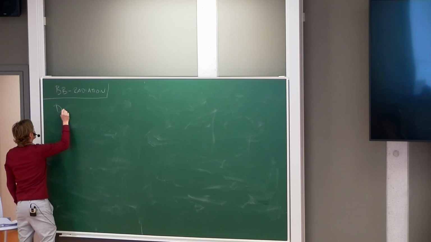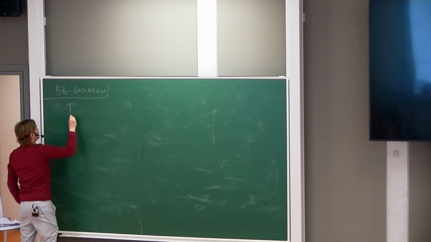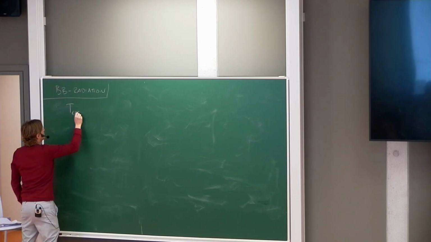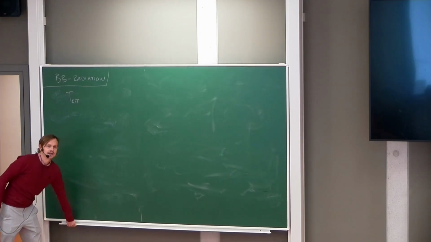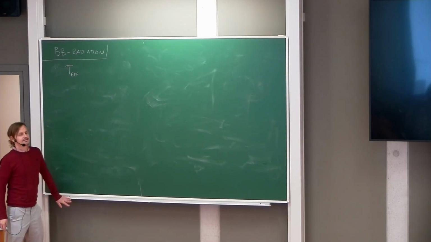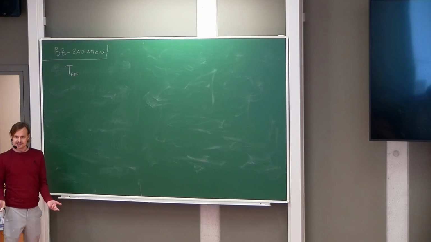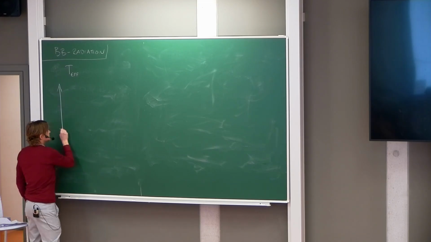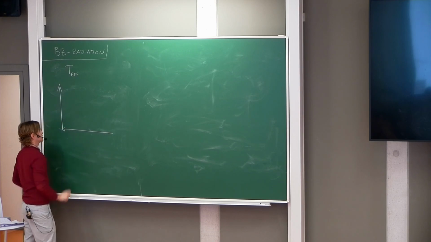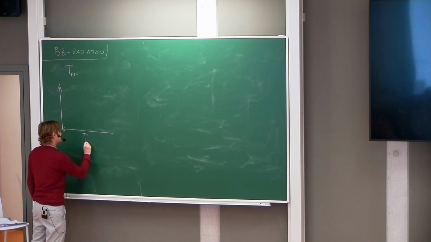So we're going to start with a definition of what is called Teff, or the effective temperature. In your Intro to Astronomy course, you might have seen a so-called Hertzsprung-Russell diagram, which goes something like this, with the intuitive leftward axis here.